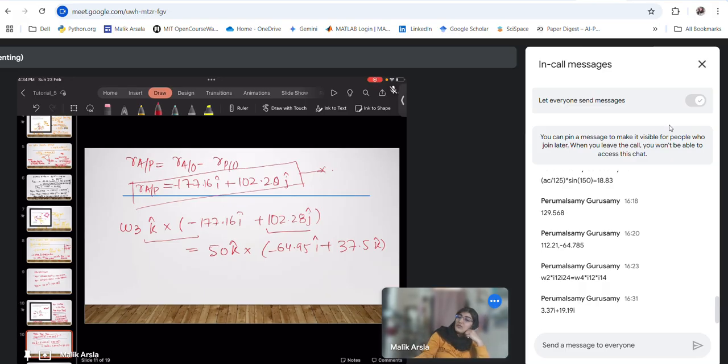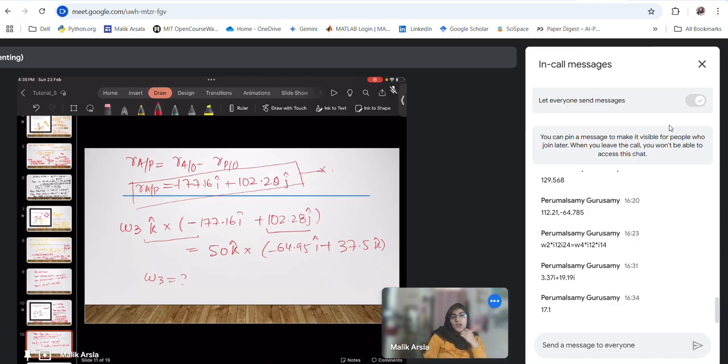What is the value of omega 3 coming out to be?